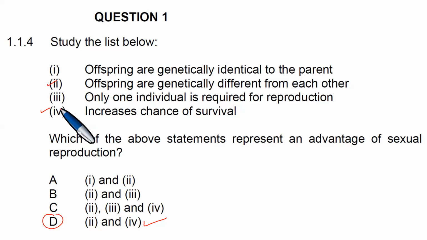Okay, so the rest are out. You can't say only one individual is required for reproduction. It's most certainly not the case. But the idea of saying offspring are genetically identical to the parent, that is also out. And so we note those two options, Roman figure 2 and Roman figure 4, so the correct option becomes option D. Next.